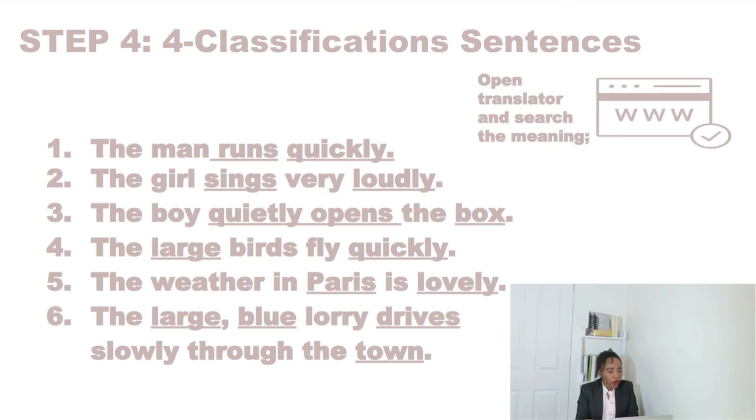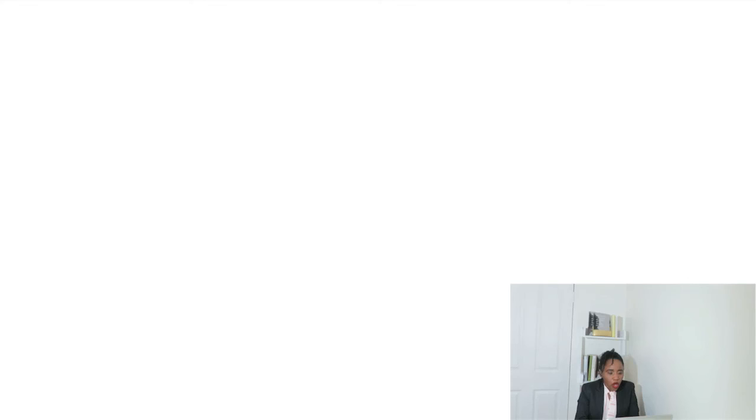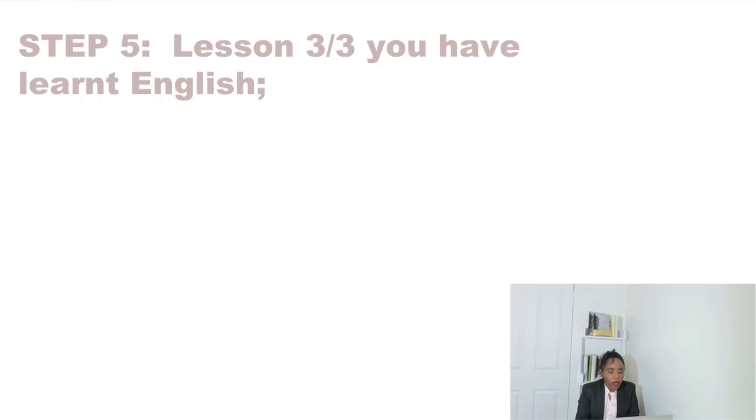The large blue lorry drives slowly through town. Okay? So those are all examples of those classifications in the context of a sentence.